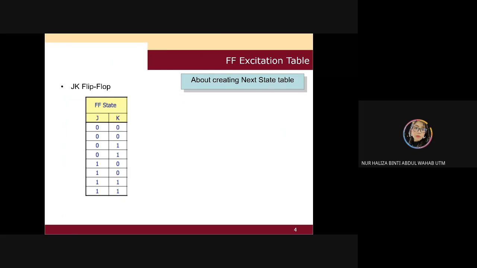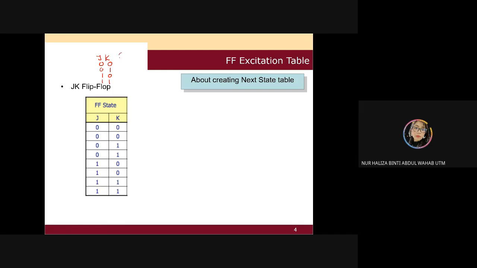Okay, for your JK flip-flop here, if you still remember, last time you have this kind of table. JK: 00, 01, 10, 11.